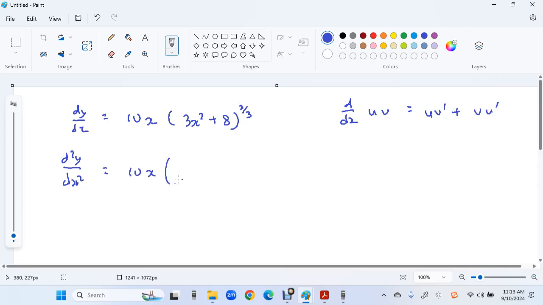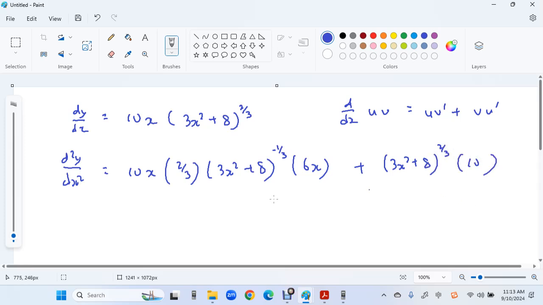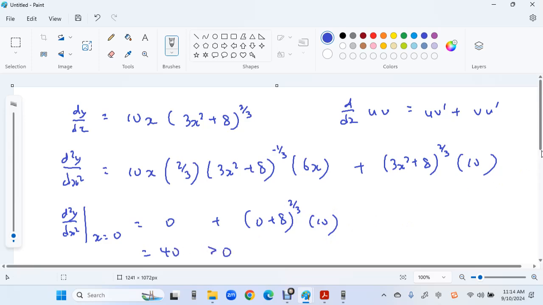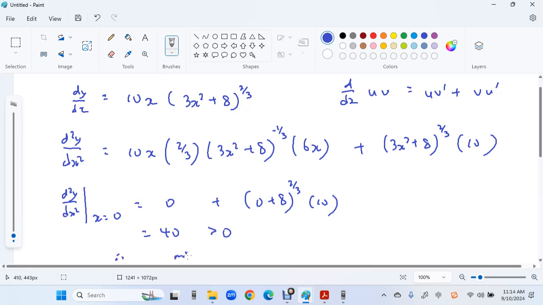So it's 10x times 2 over 3, (3x squared plus 8) to the power negative 1 over 3, times 6x, plus (3x squared plus 8) to the power 2 over 3 times 10. So d2y/dx squared when x equals 0 is 0 plus 8 to the power 2 over 3 times 10. So it is 40, greater than 0. So it is a minimum point.